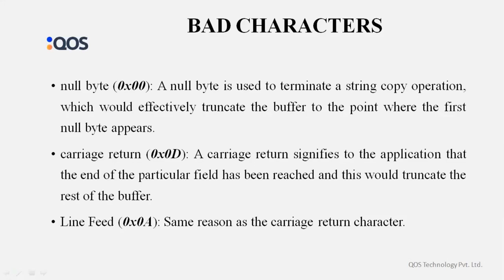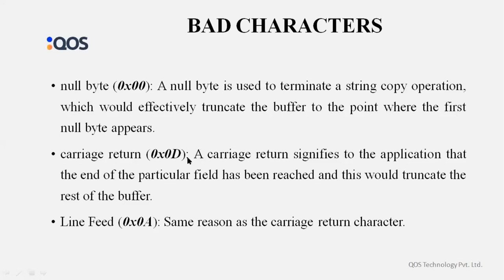So when we are sending strings of A's, B's, and C's, when the CPU encounters a null byte in memory, it would truncate the buffer to the point where the first null byte appears. So the rest of the buffer would be neglected if a null byte is present in our buffer, return address, or shellcode.